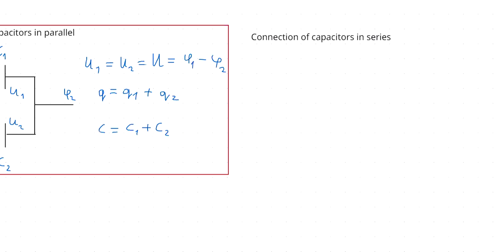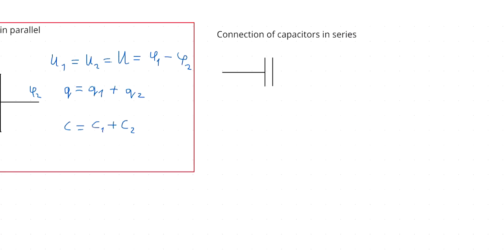So if we have connection in series, it will be such a system. A first capacitor will be drawn as two small parallel lines, which mean a capacitor on a scheme of an electric circuit.